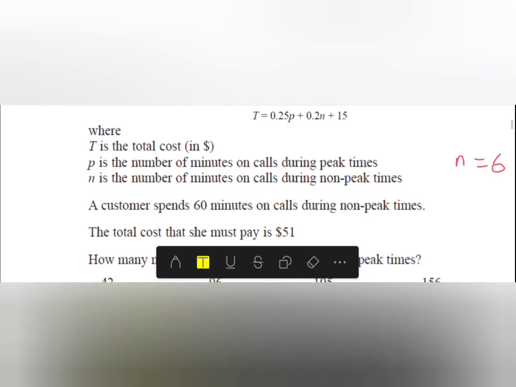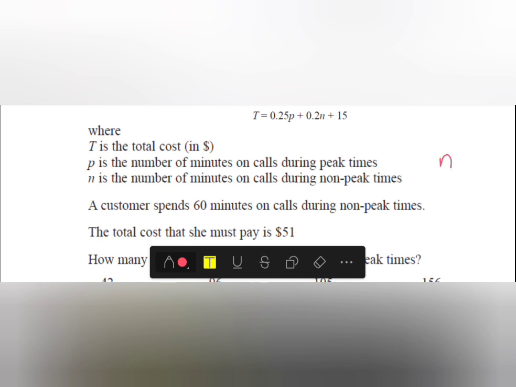After finding this, I'm going to use them to find the rest. The total cost that she must pay is 51. And we said that the total cost is T. So T equals 51. Very good.